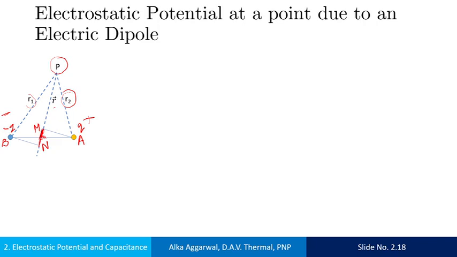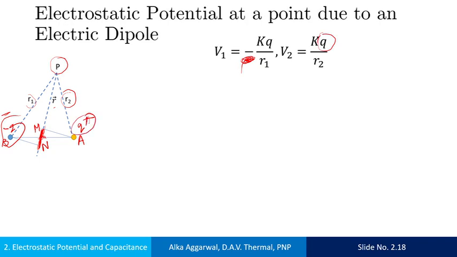Similarly, r1 is equal to r plus ON. That is, r1 is equal to r plus a cos theta, and r2 is approximately equal to r minus a cos theta. So the potential at the point P due to the negative charge is equal to kq upon r1. Similarly, the potential at the point P due to the positive charge is equal to kq upon r2.